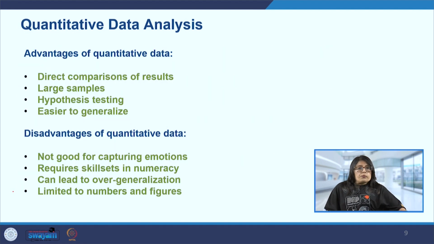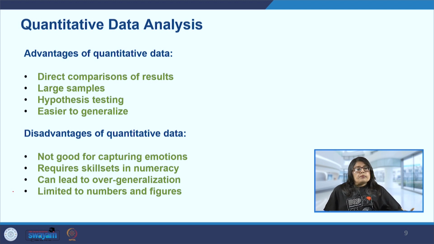So some of the advantages of quantitative data are that we can conduct direct comparison of results. If we are trying to find out about the preference of customers for two different products, for example, and they have the attributes that are listed, and we want the users to tick the different attributes of both the products, then we can very easily compare that.